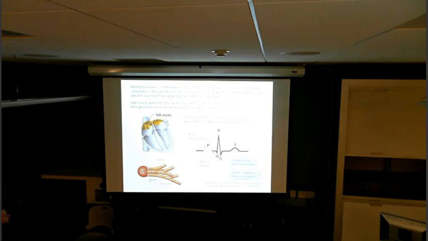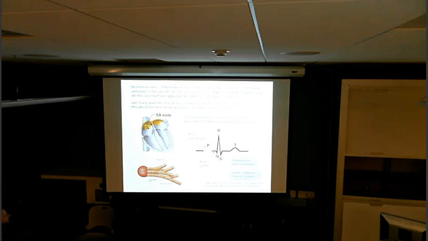So how's that electrical signal going to get down to the ventricles? Well, that's where the AV node comes in, and the bundle of His comes in, the AV bundle. Okay. All right, so the SA node fires, the atria become excited, and then the atria contract. And what happens is that when these atria become excited, it also excites the AV node, the atrioventricular node.